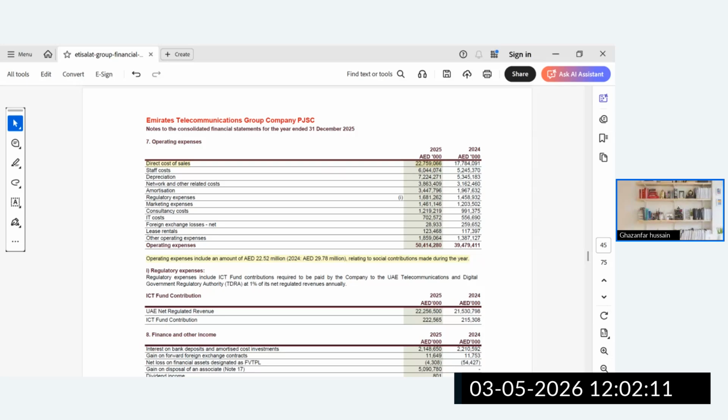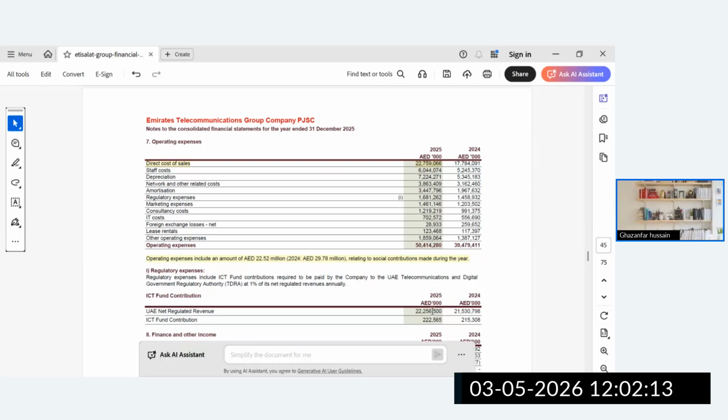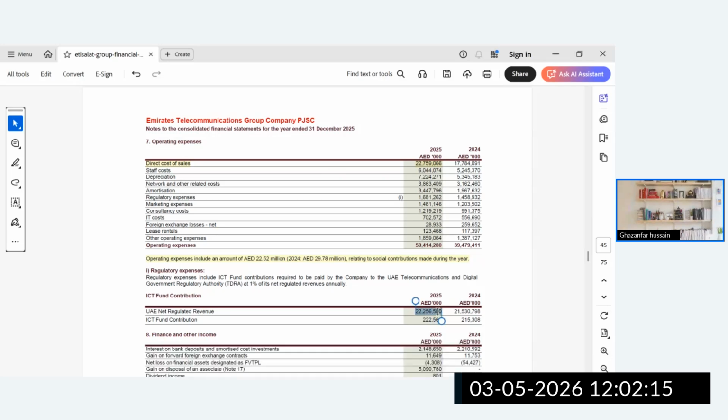Okay, can you add this 22 plus this, what is the total amount of this? Below, the disclosure is given.